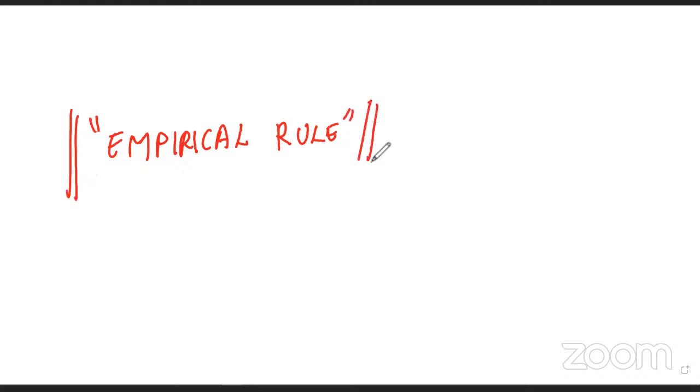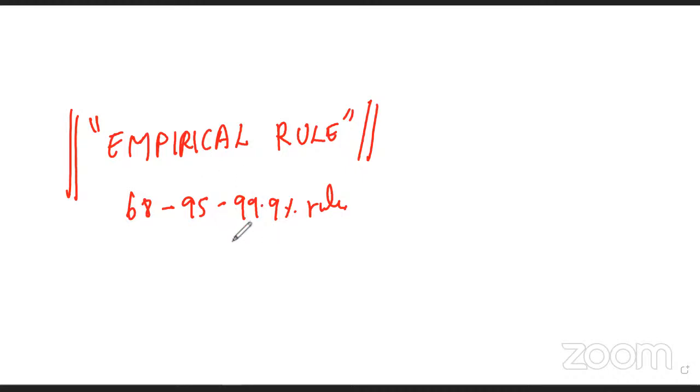You can just note it down. Empirical rule is also called the 68, 95, 99.9 percentage rule.